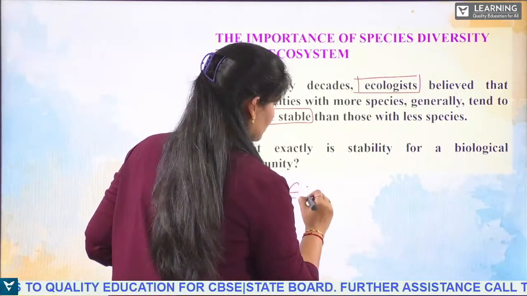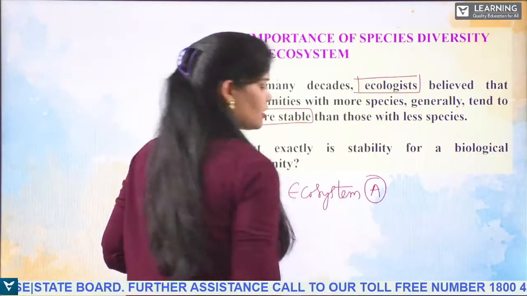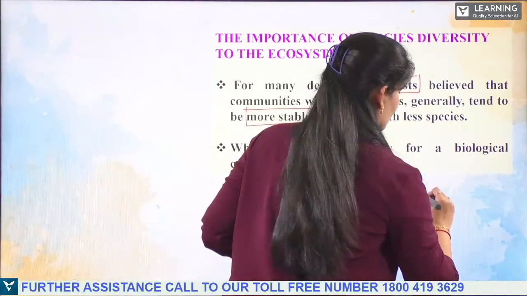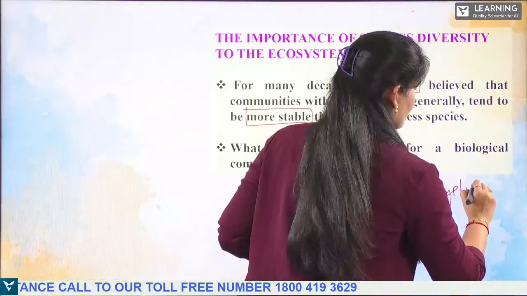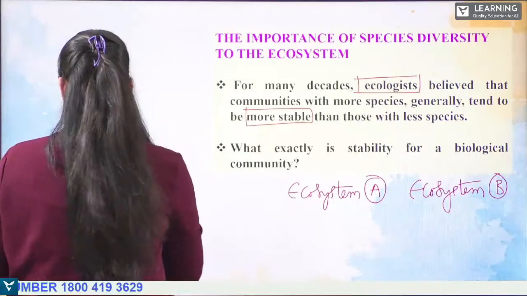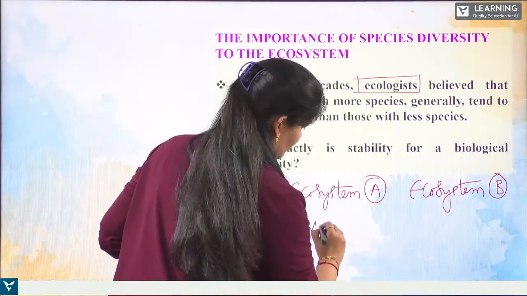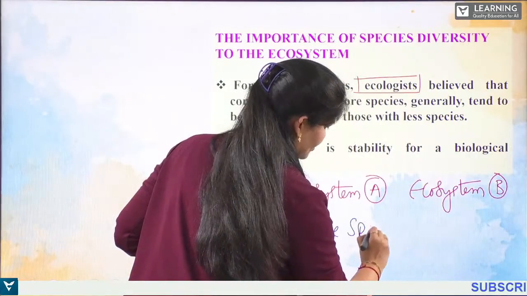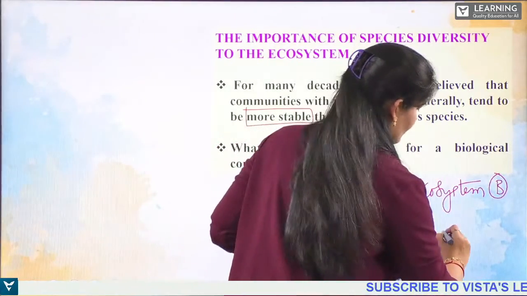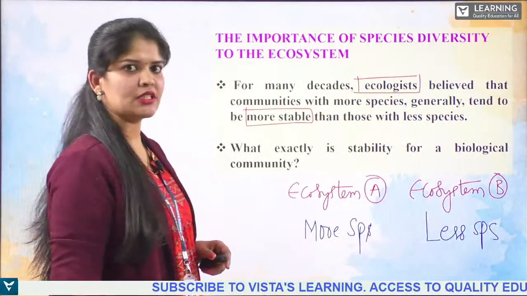For example, ecosystem A and ecosystem B. Here we find more species, and here we find fewer species.